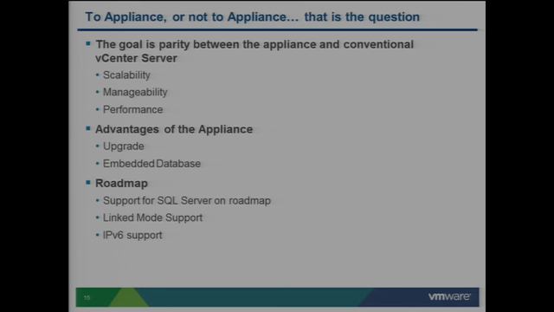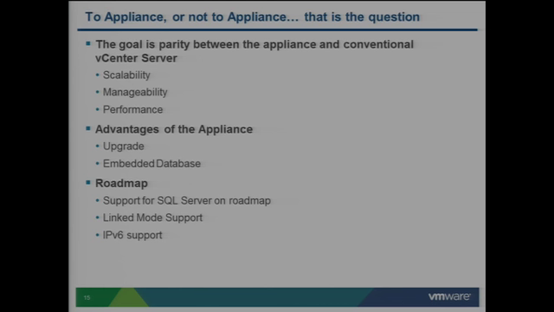So our intention is to have the VC on Linux as good, if not better, than the VC running on Windows. Are we there today? Well, there are some gaps. But to a lot of folks, if you're really not big, then linked mode probably doesn't matter to you. So you wouldn't care about that.